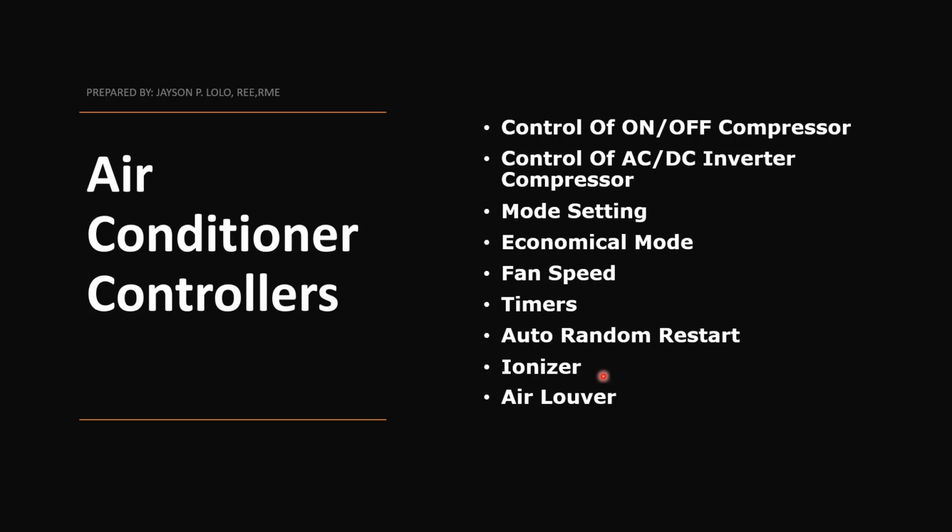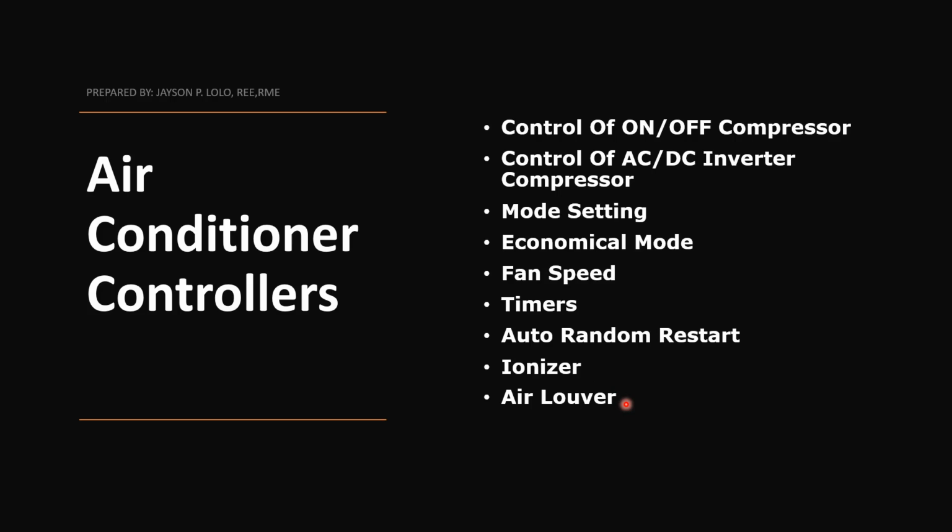Next is the ionizer. It is now a basic feature in most air conditioning units. It is located at the indoor unit and has a high voltage electronic module that ionizes the surrounding air with negative ions.